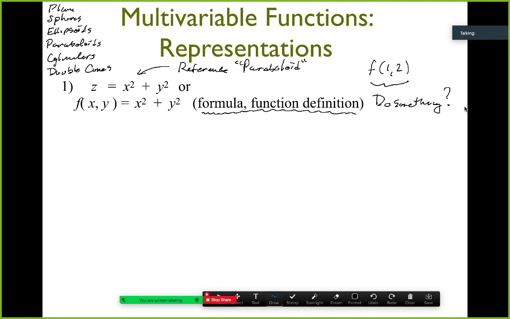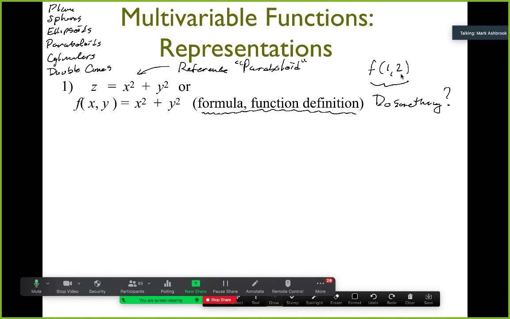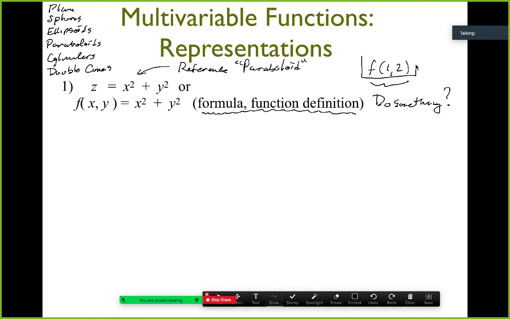Meaning, is it a command to you to plug in 1 and plug in 2 and solve it? Is that what that expression means? When you plug in 1 and 2, the output is a real value. Yes, it is equal to 5.